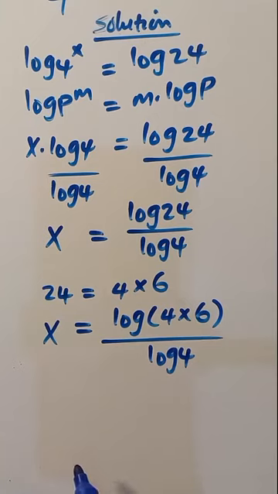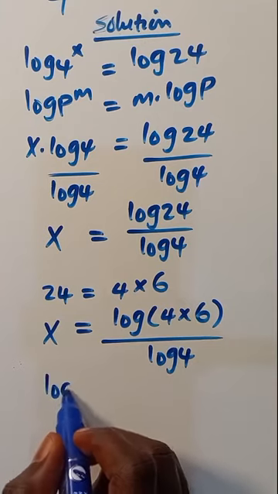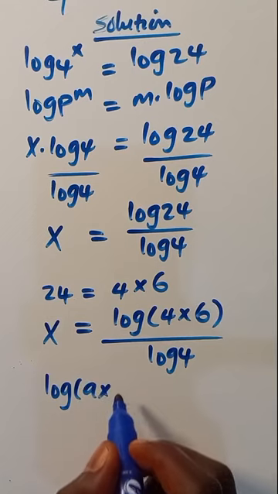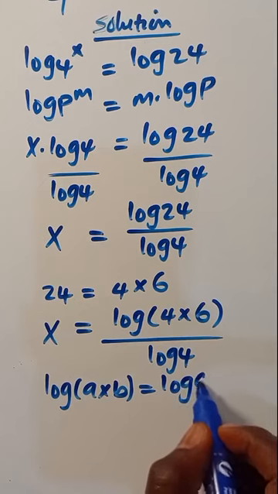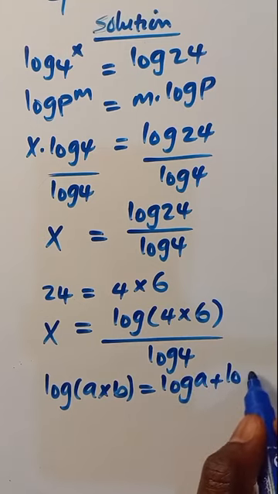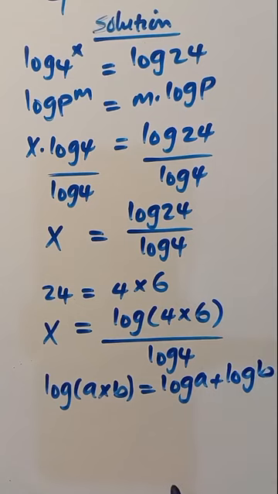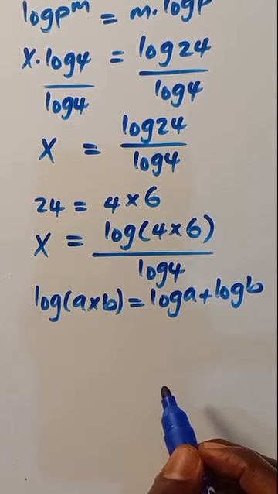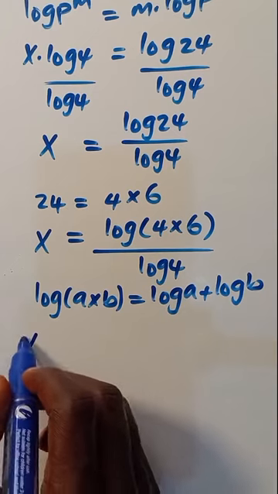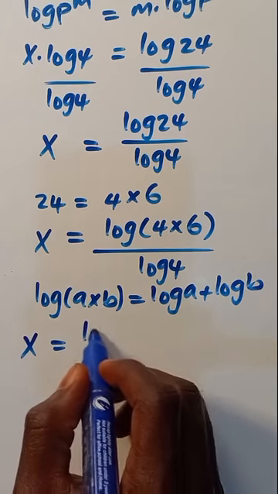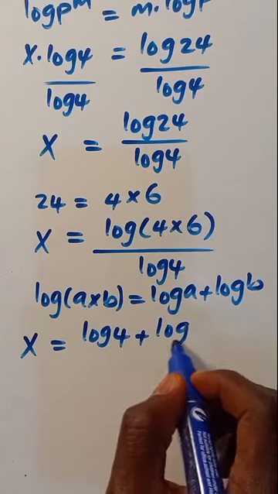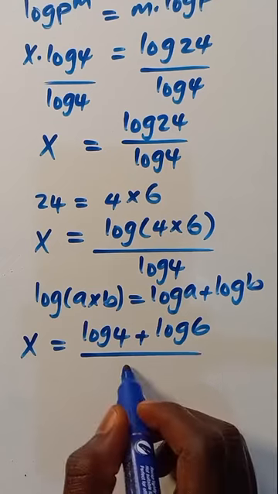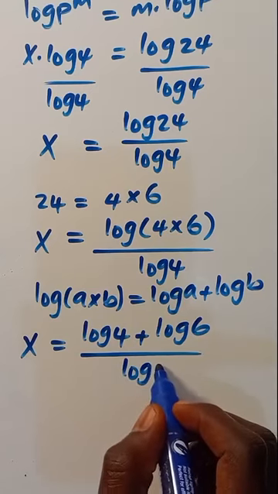Then from the law of logarithms, log of (a times b) equals log a plus log b. So from here we have x equals (log 4 plus log 6) over log 4.